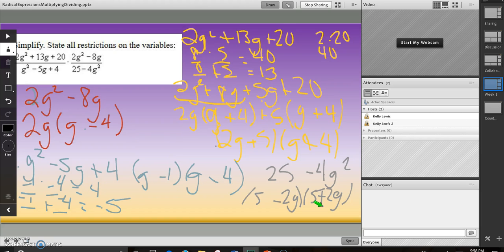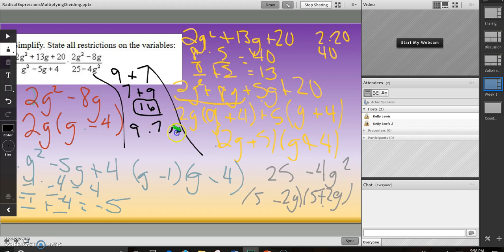Let me show what I mean. Just a side note. 9 plus 7 and 7 plus 9, those are both 16. But 9 minus 7 is 2. And then 7 minus 9, that's not 2, that's negative 2. All right, so if you have addition, you can flip it back and forth, but you cannot do that for subtraction. All right, let me write that down.